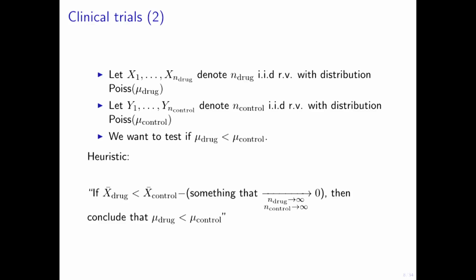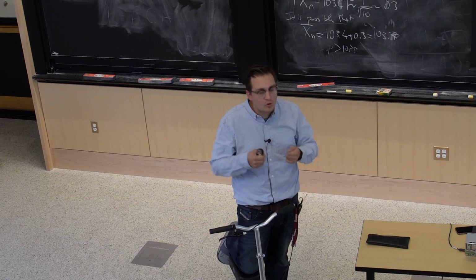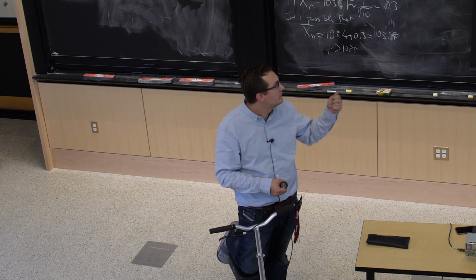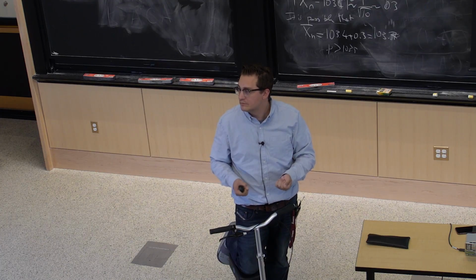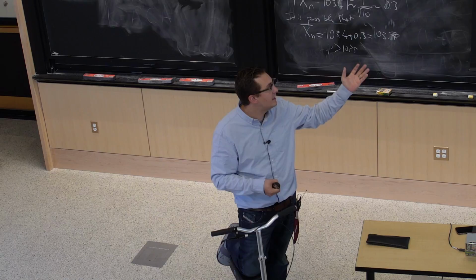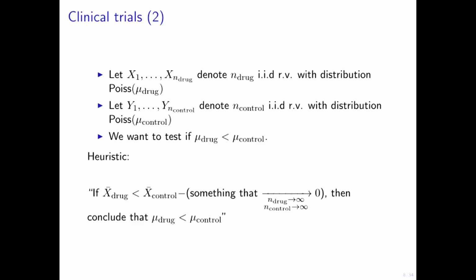But now I need something that accounts for not only the fluctuations of x bar drug, but also for the fluctuations of x bar control. And so I need something that goes to 0 when both those n's go to infinity, and typically it should go to 0 with 1 over square root of n drug and 1 over square root of n control. That's what the central limit theorem for both x bar drug and x bar control, two central limit theorems, are actually telling me.